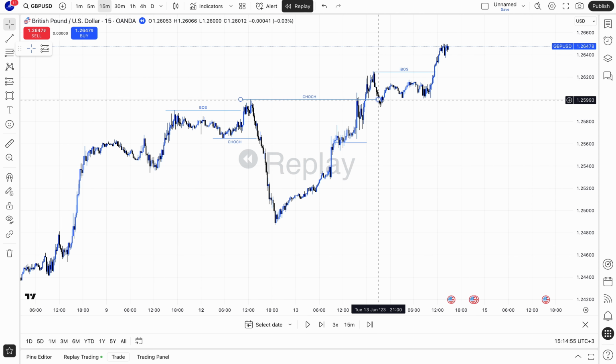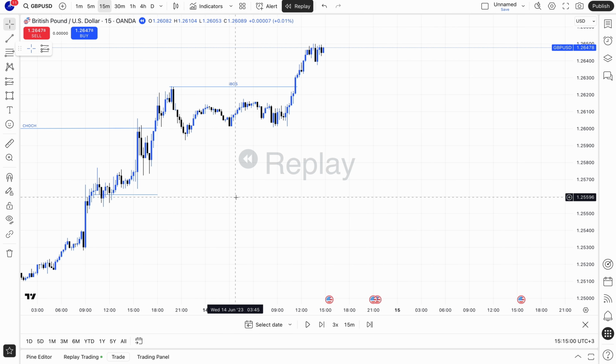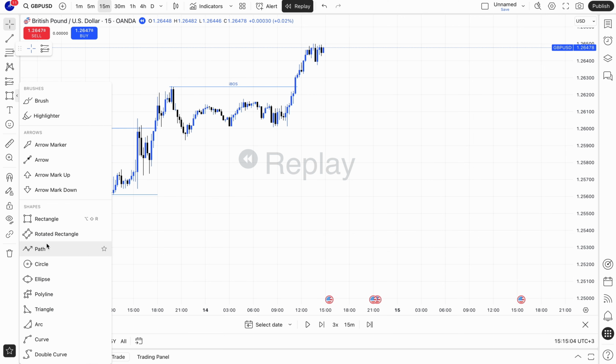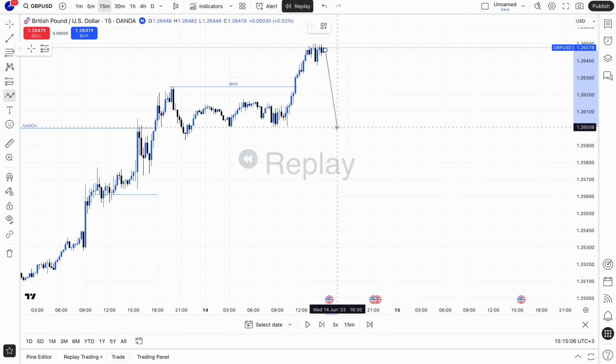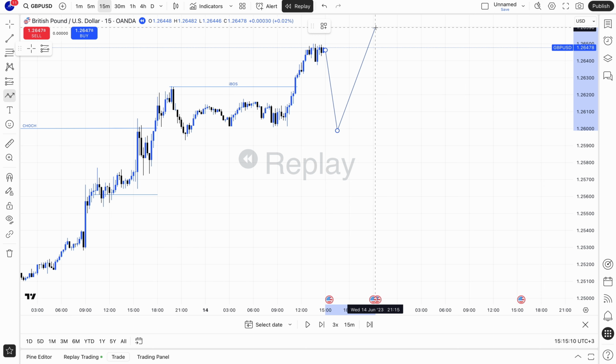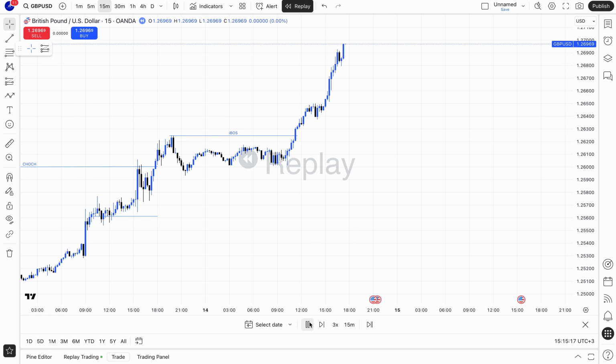Then we want to see the price coming back here and get that reaction. Sweep this liquidity and here, then you tap into this demand, then it pushes down. But you have to be patient. The price didn't come back, just went up.